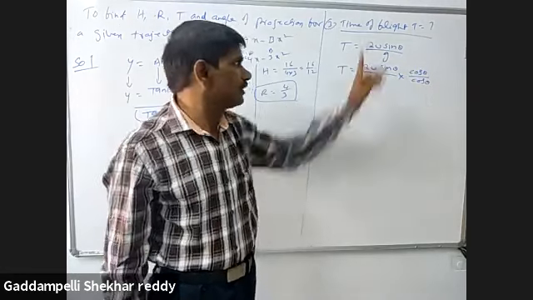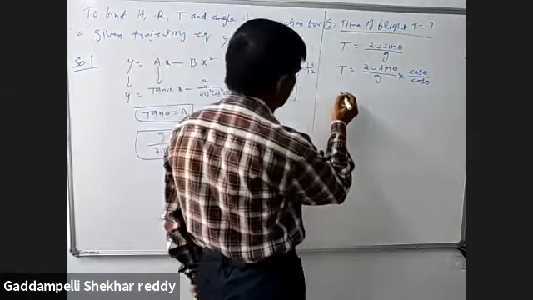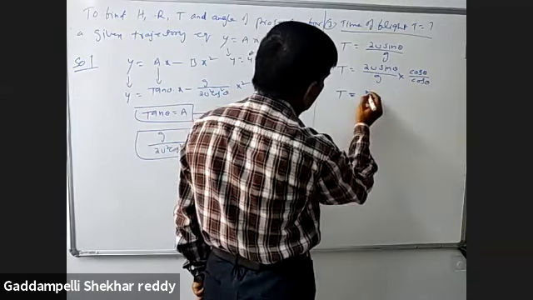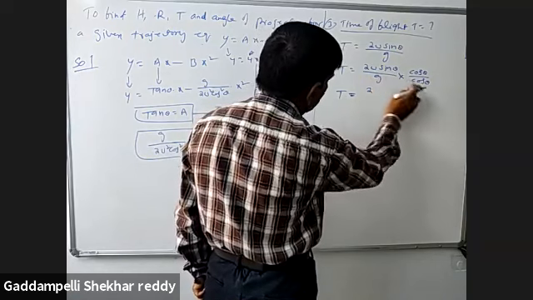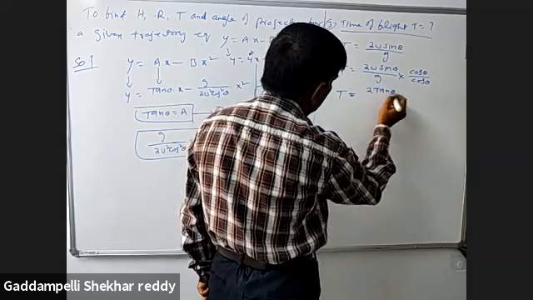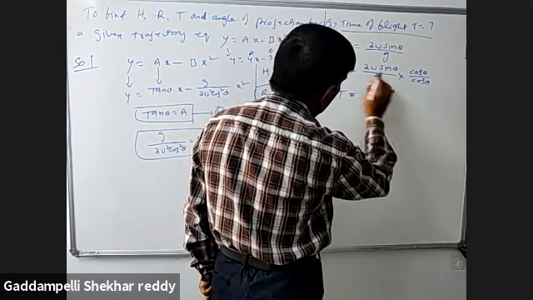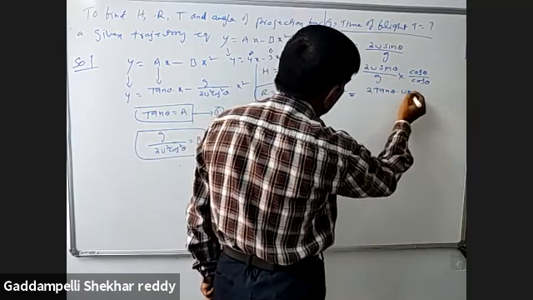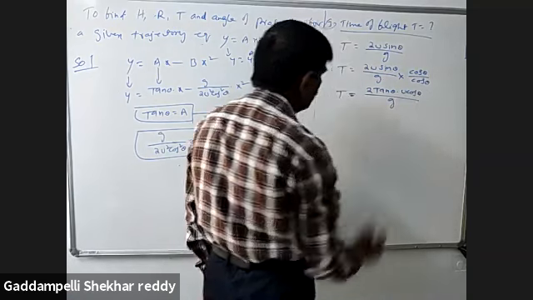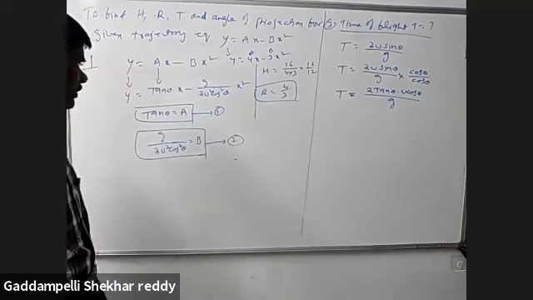Cos gets cancelled, we get the same value. T is equal to sin by cos, tan theta, into u cos theta by g.